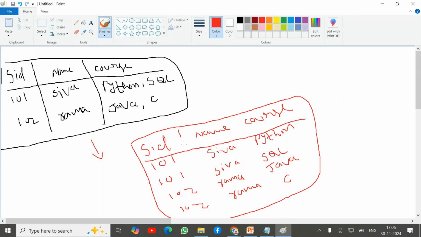This is my table without 1NF, and after applying the 1NF, this is the result.